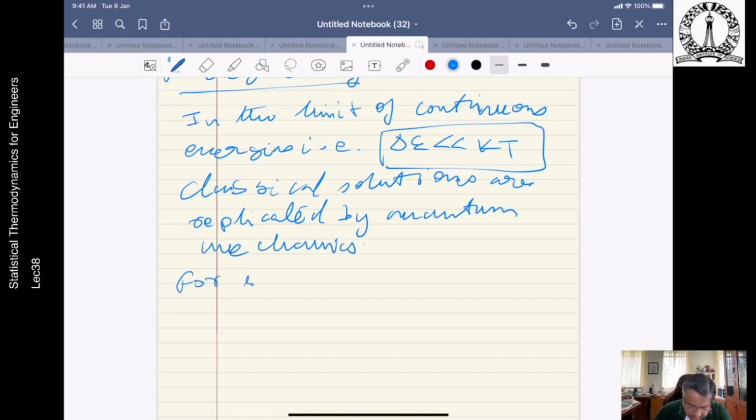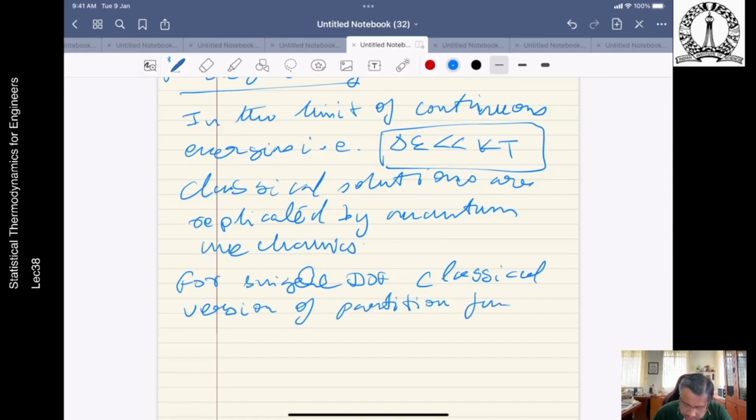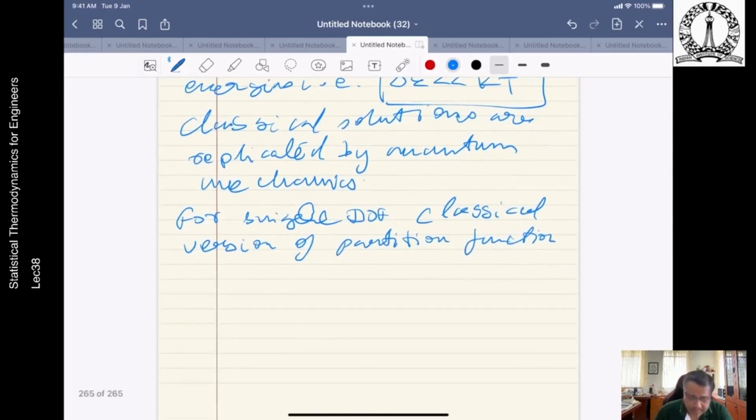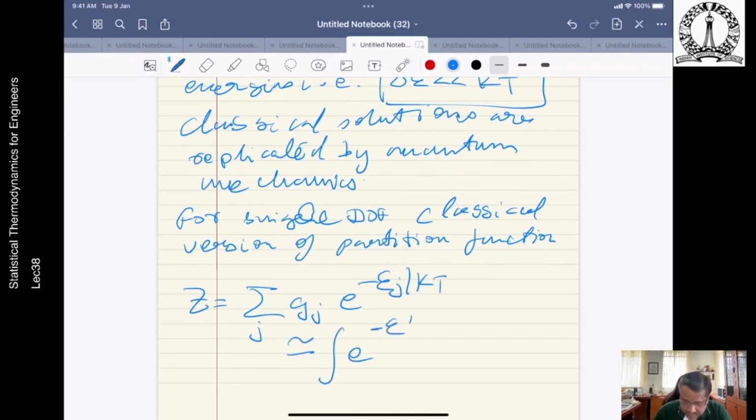For a single degree of freedom, the classical version of the partition function becomes z equals the sum over j of exp(-E_j/kT), which is almost equal to the integral of exp(-E/kT) dg.